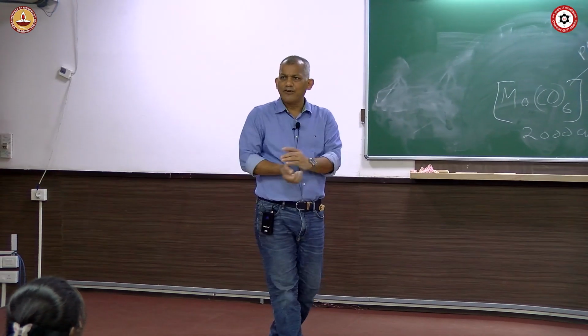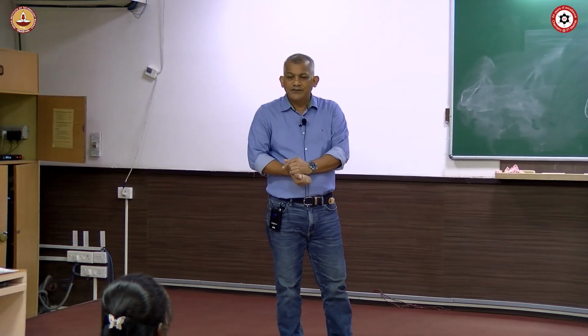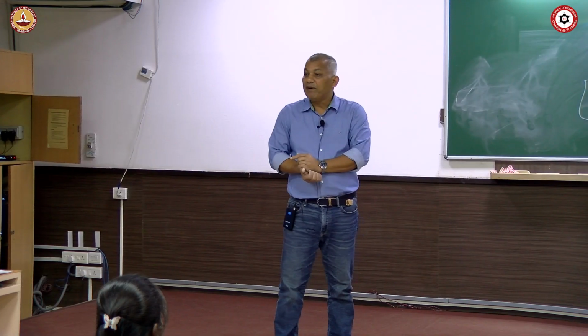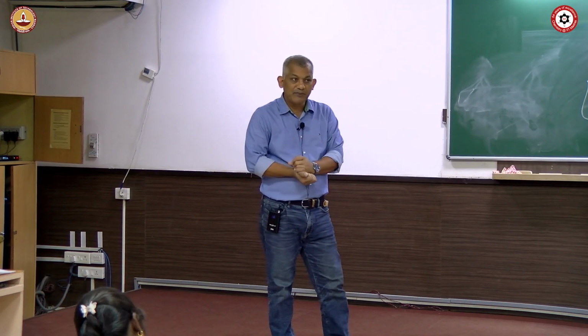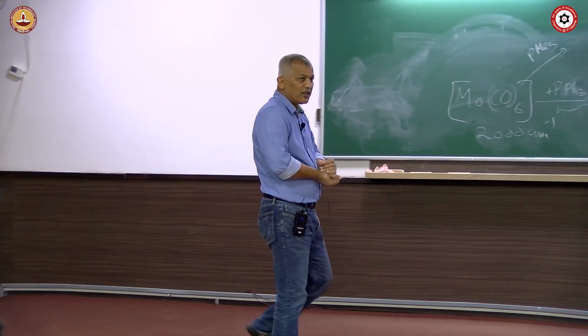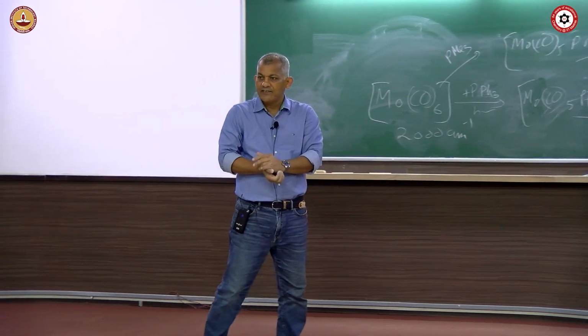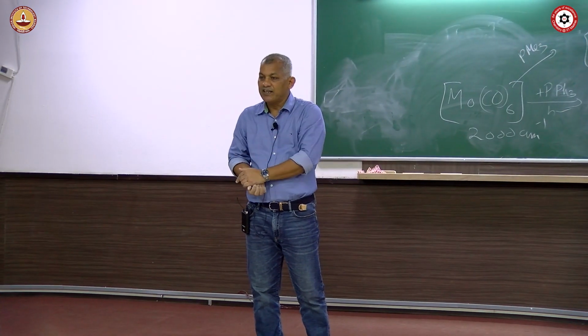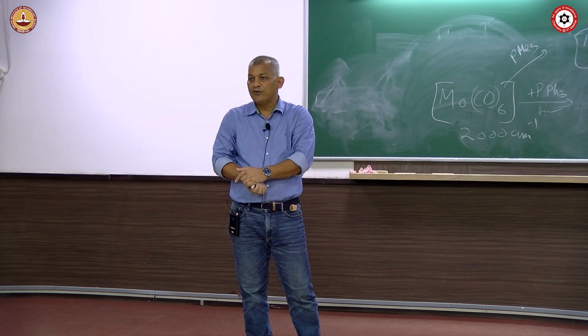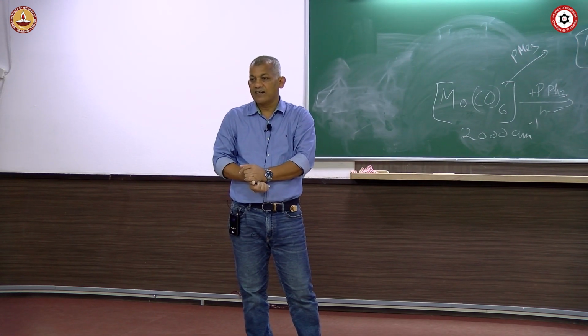These are very straightforward questions, no? So PMe3 is a better sigma donor than PPh3. Better sigma donor means it gives more electron to the metal and eventually gets a stronger back bonding, and eventually the CO stretching frequency gets lower.